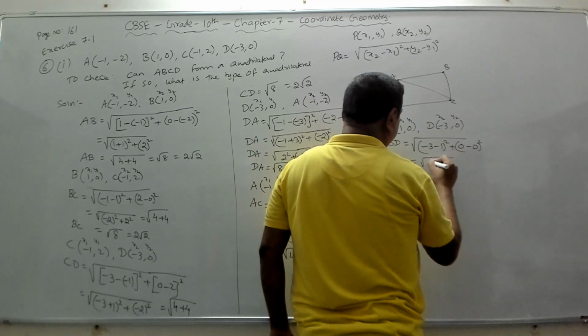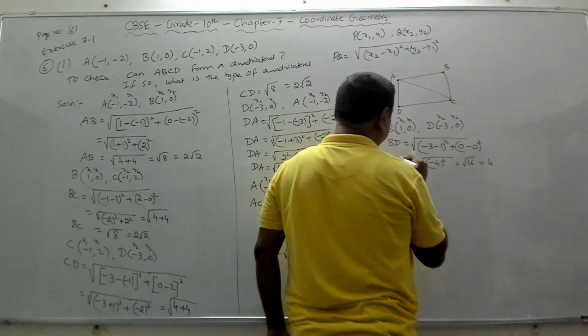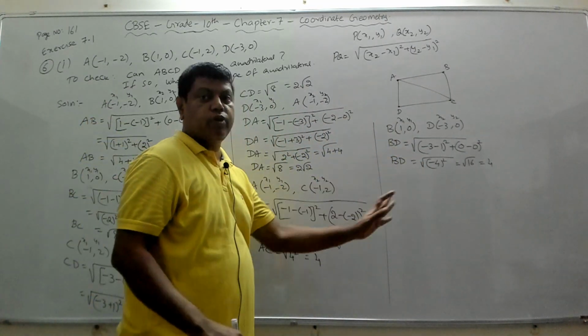That gives the square root of (minus 4) squared, which is the square root of 16, which is 4. That is your BD. So your AC is 4 and BD is also 4. The diagonals are equal.